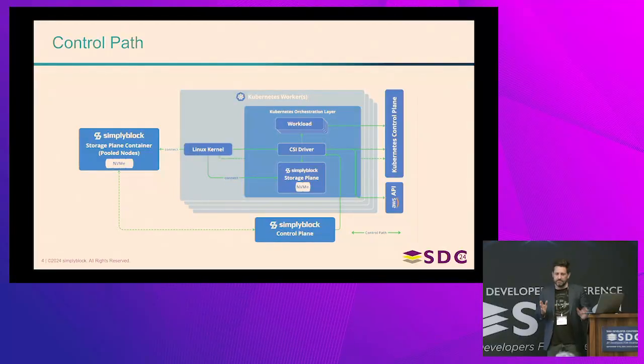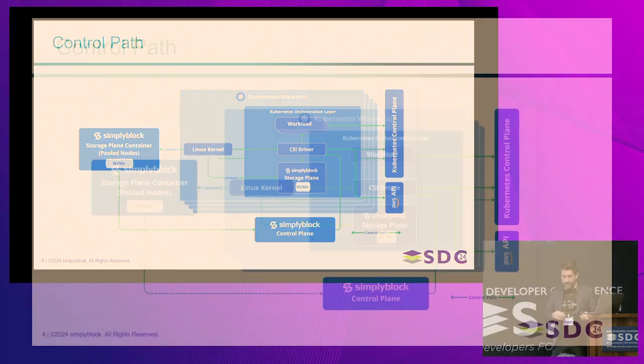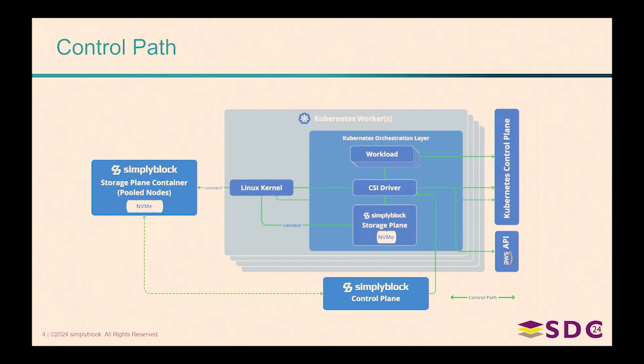So I will just go back and show this slide from the beginning. So the question is, the NVMe fabric connection, where does it terminate and where is the distribution happening? Basically, the host connects one logical volume via one connection to one or multiple storage planes.